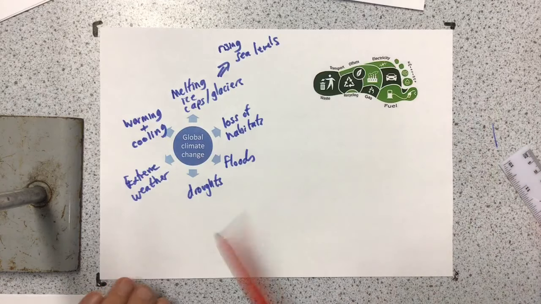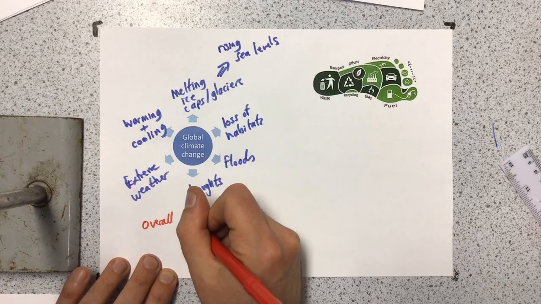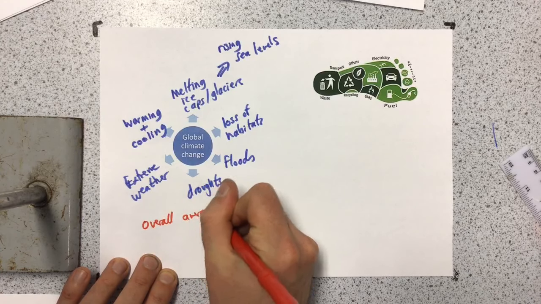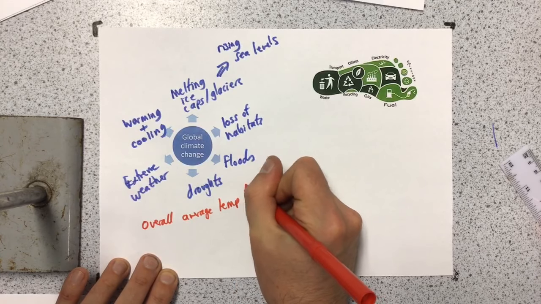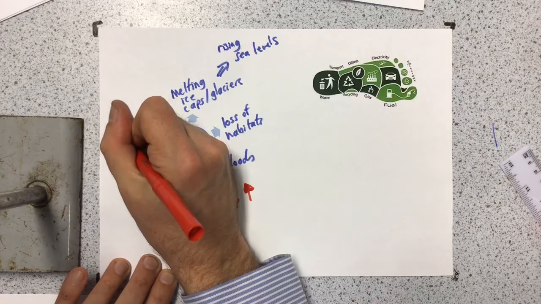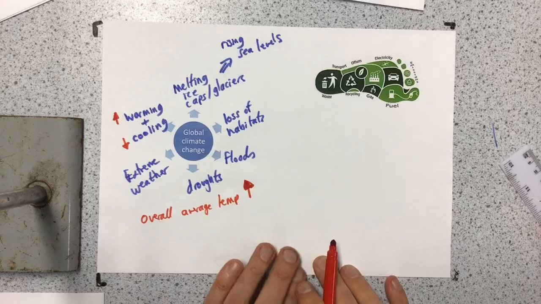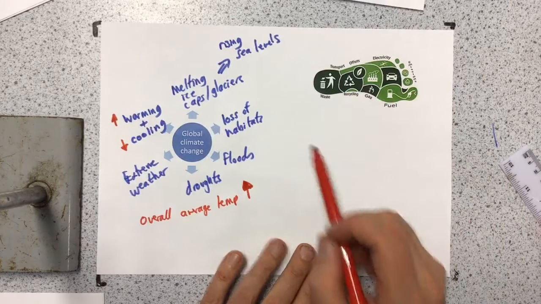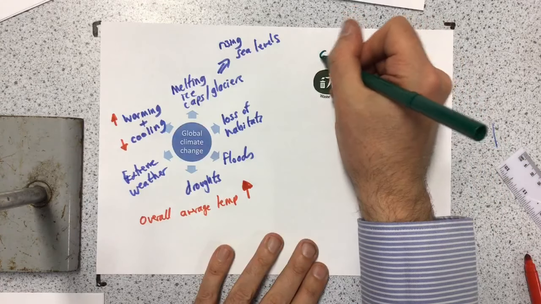Now, global warming, yes, overall, the average temperature is going up around the world. All right? But in some places it's going up, in some places it is going down. Right? Now, what's the next diagram? Well, the next diagram is your carbon footprint.